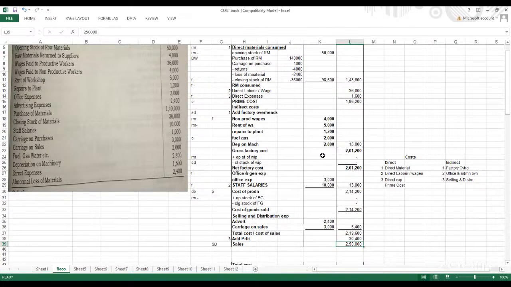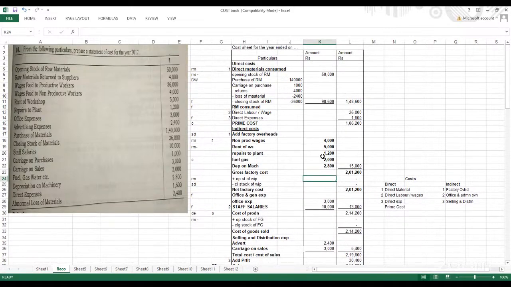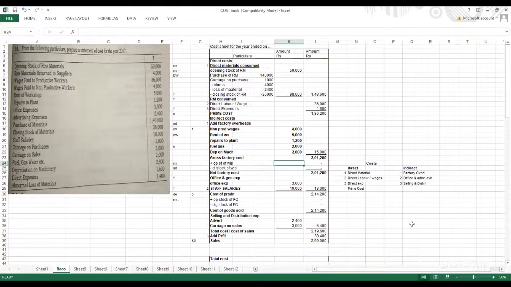Have you understood this, students? How the cost sheet is prepared from the given table or given information? Please type yes if you have understood this. How to make a cost sheet.